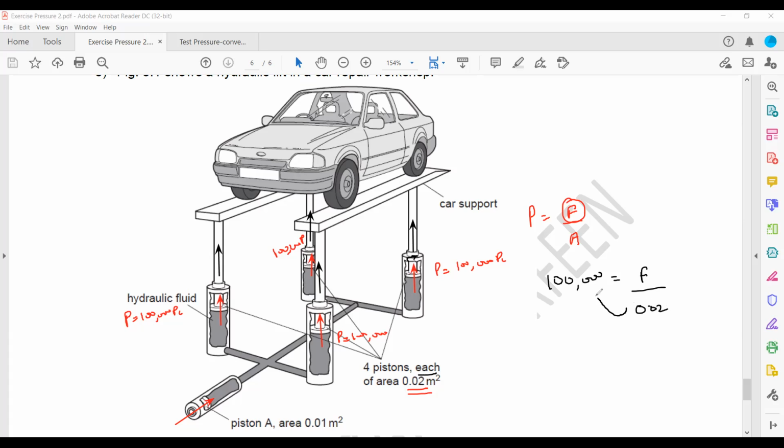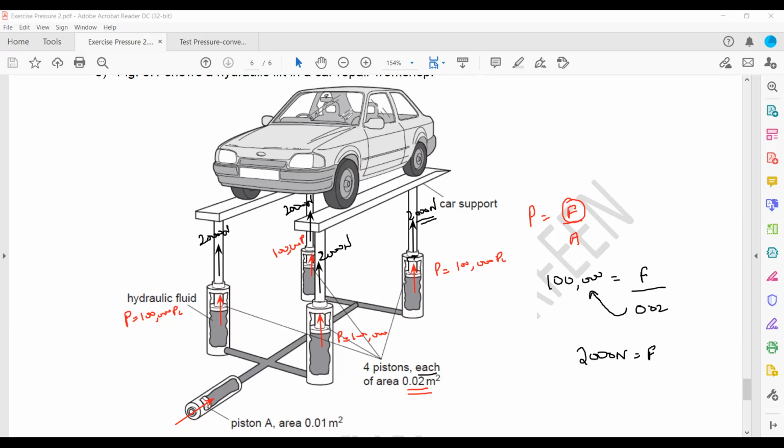The 0.02 is divided on one side, so on the other side it will be multiplied. So 100,000 multiplied by 0.02 equals 2000 Newton. The force exerted by each piston is 2000 Newton. From this piston 2000 Newton, same way we get 2000 Newton from this piston, and 2000 Newton and 2000 Newton.